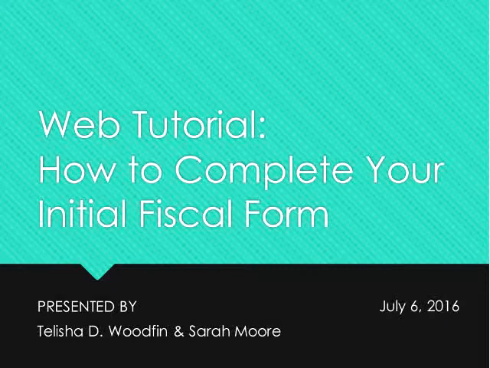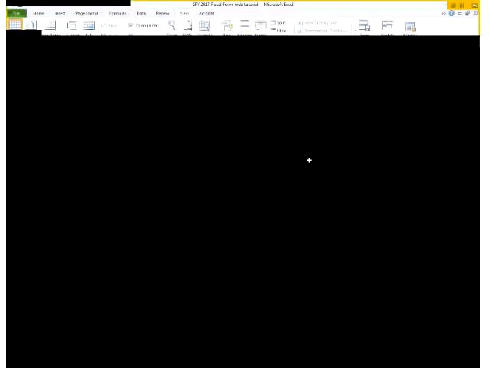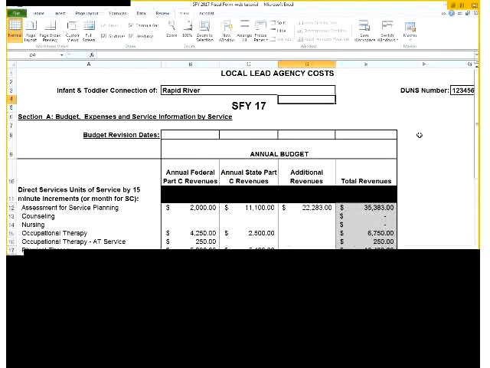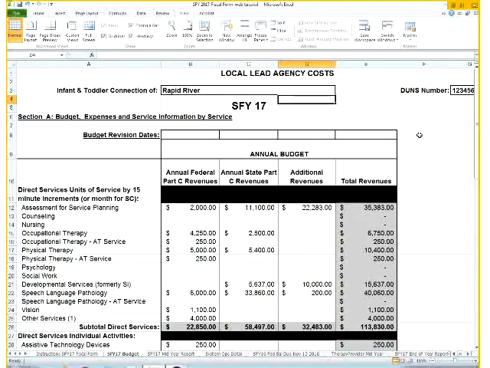Today we will be doing a web tutorial on how to complete your initial fiscal form. As you can see on the screen, we have a fiscal form that is requested at the time of the local contract to be submitted back to the state lead agency.